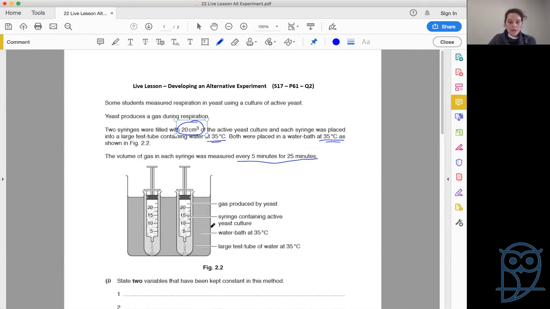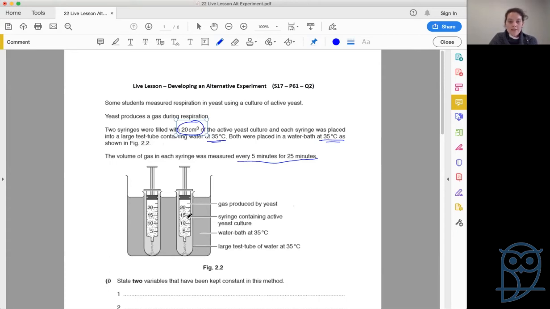So if we have a look here at the picture, on the outside we've got our beaker with our water bath at 35 degrees C. We have our big fat test tubes with water at 35 degrees C. And we have a syringe containing the active yeast culture. And at the top then is the gas produced by the yeast.